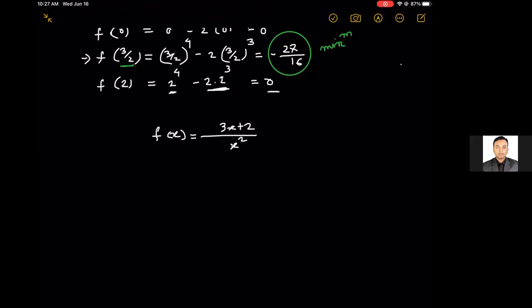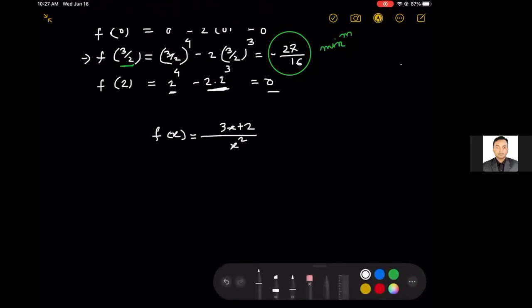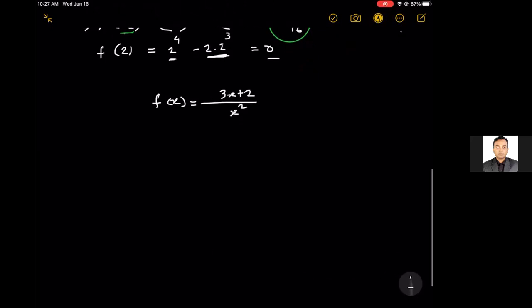Anyone? The quotient rule. Very good, because it's a fraction. So let's do that. The procedure will be the same, though the calculation might be complicated. We know it's the denominator squared, right?